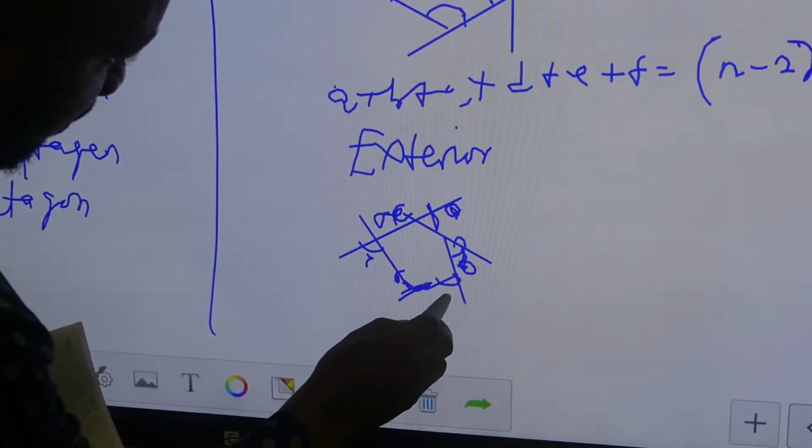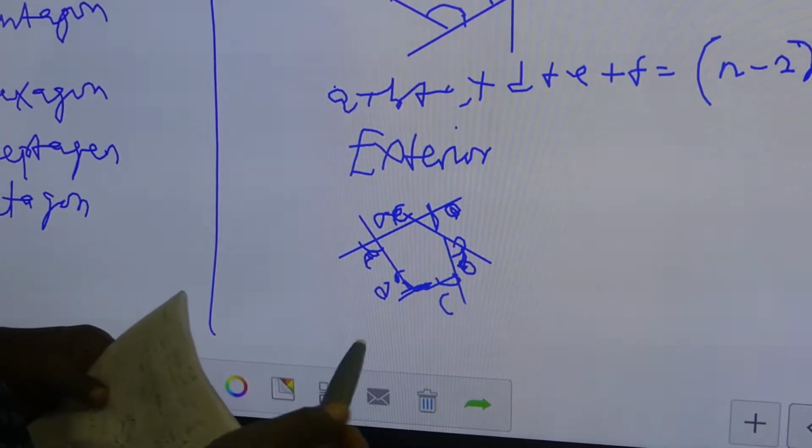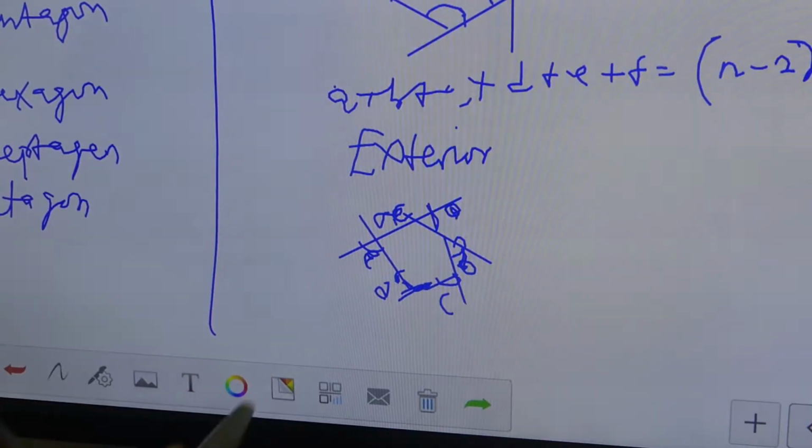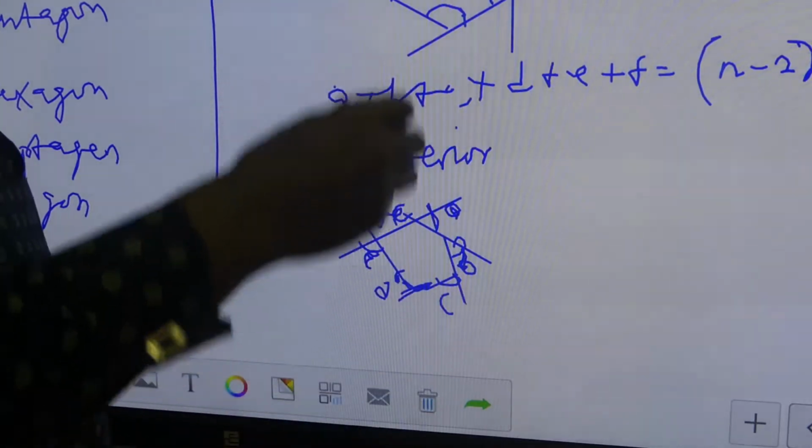Then the sum is equal to 4 right angles.